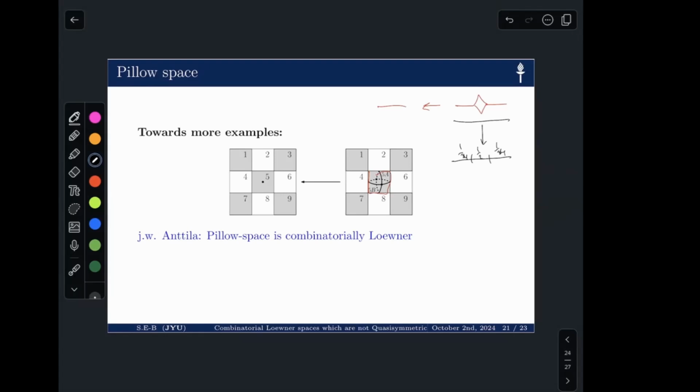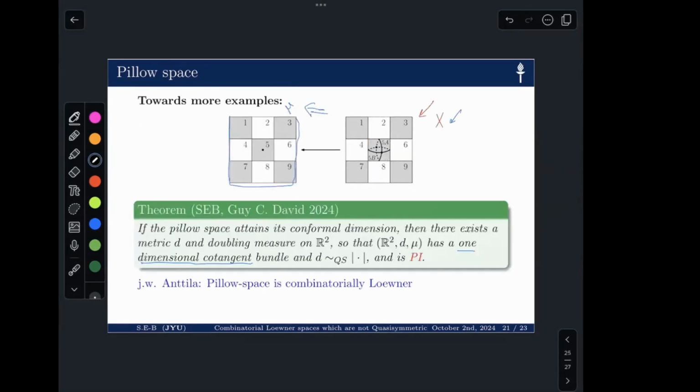All I know at this point is that it doesn't succeed in all cases, and maybe this pillow space is also not. Guy maybe disagrees with me and hopes that this would attain, and give a very nice example of a PI metric on the sphere. But my intuition says no, though I could be completely wrong. As Guy comments in the chat, this is a hope, not a conjecture. I won't state a conjecture either way, but I say that it's worth thinking about.